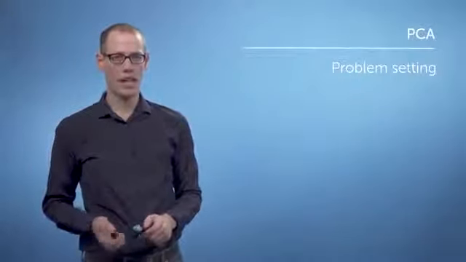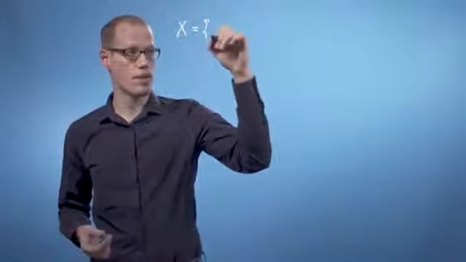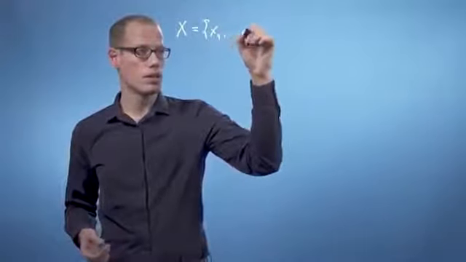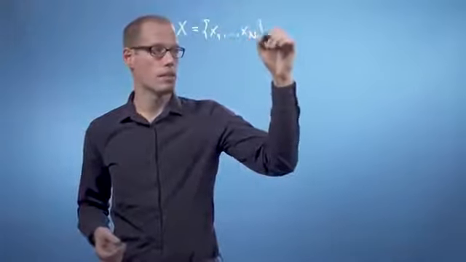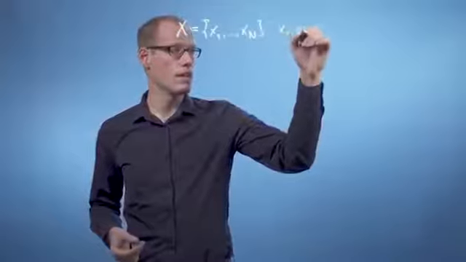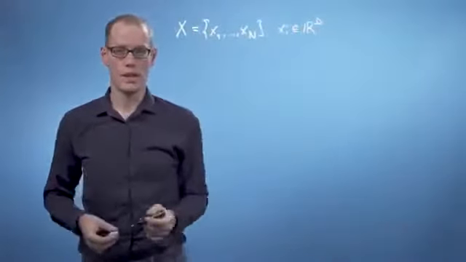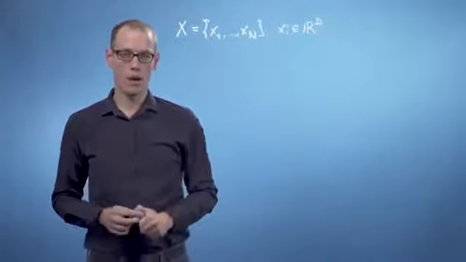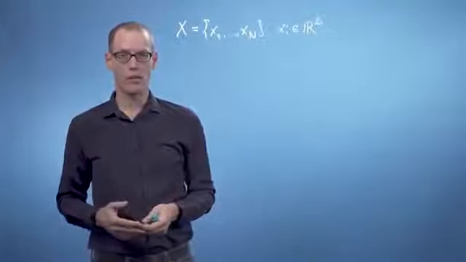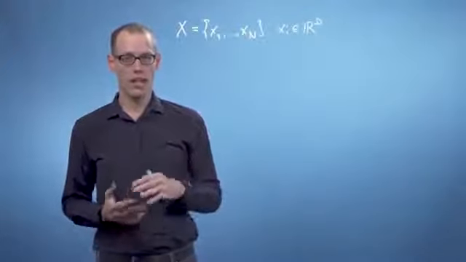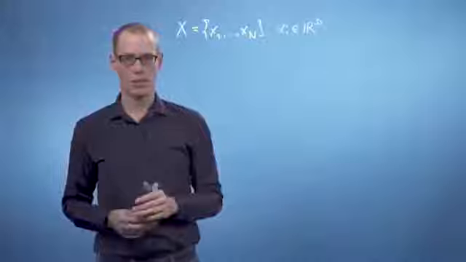Assume we have a data set X in R^d consisting of n vectors. So X is a data set, and we have n vectors x1 to xn, where the xi are d-dimensional vectors. Our objective is to find a low-dimensional representation of the data that is as similar to X as possible.